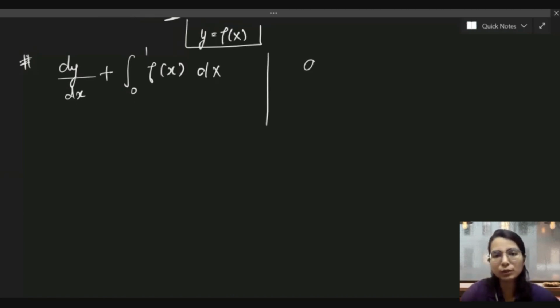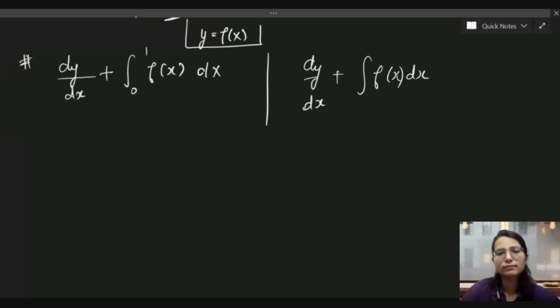And another differential equation is dy by dx plus the integral of f of x, dx, is equal to x. Now the first equation contains a definite integral, and the second equation contains an indefinite integral. Now we have to judge whether these two are differential equations or not.